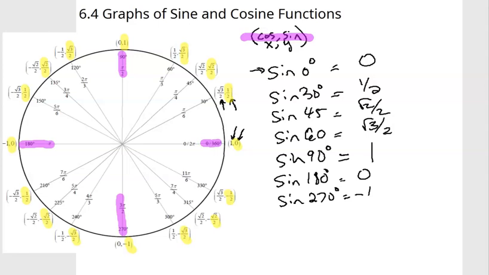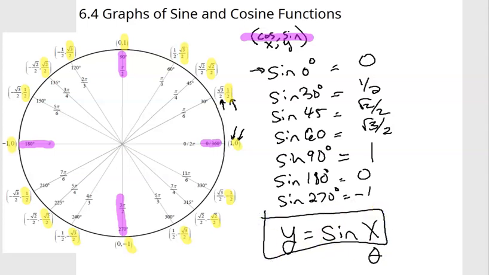Now, let's look at a graph of just the sine function. What I'm interested in is, what if I graph the sine of x? Remember this can be theta, or whatever letter we want to use for representing the angle. We're going to take just these sine values.